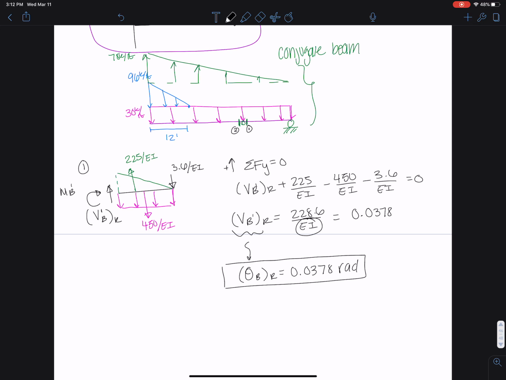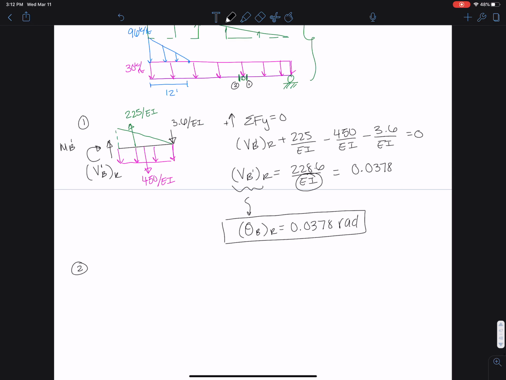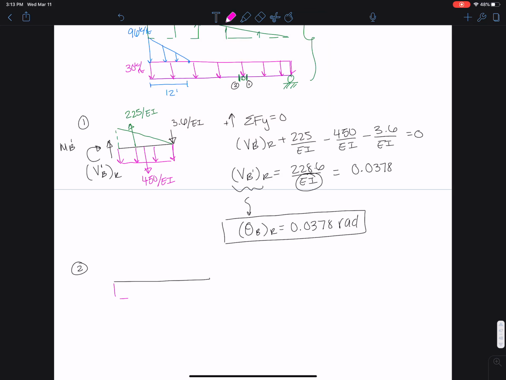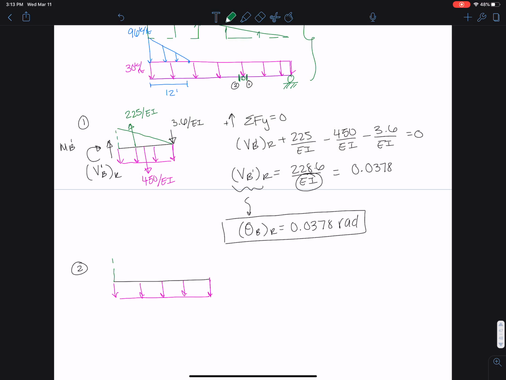Okay. And then we can continue this and take our second cut now, just to the left of B. So this is cut 2. Okay, and I'm going to draw the same thing. Put our distributed load in pink at the bottom here. Put our triangular load in green at the top here.